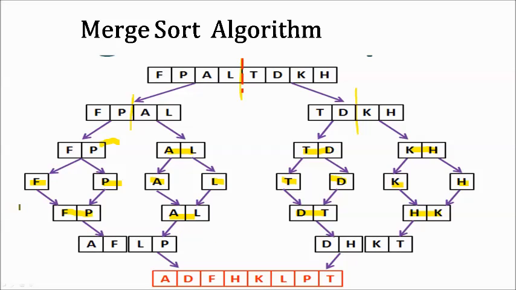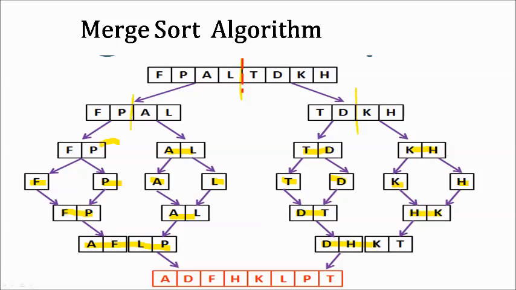After merging the single data, we're going to merge the pairs, which are F and P, A and L. Before you merge, you have to apply the sorting. So we have A, F, L, P. Next, we merge D, T, H, K and apply sorting.